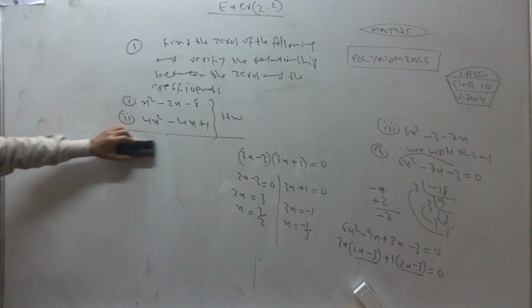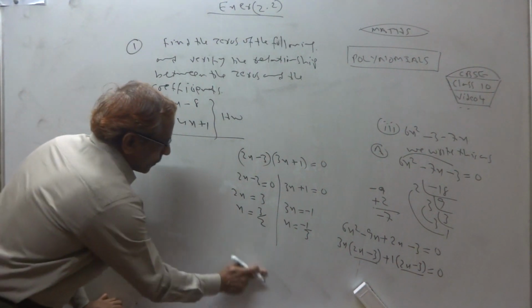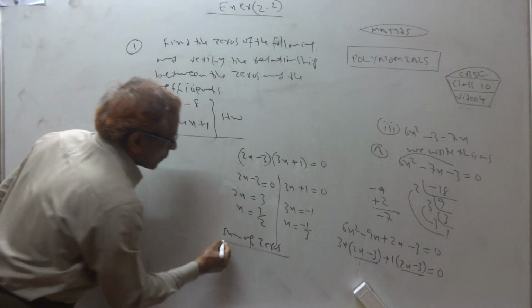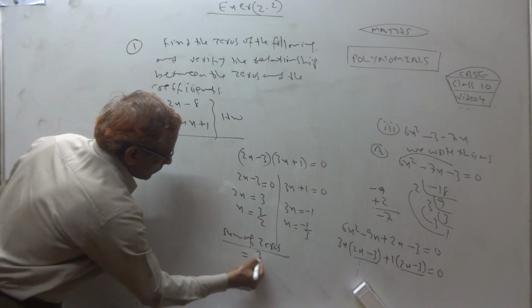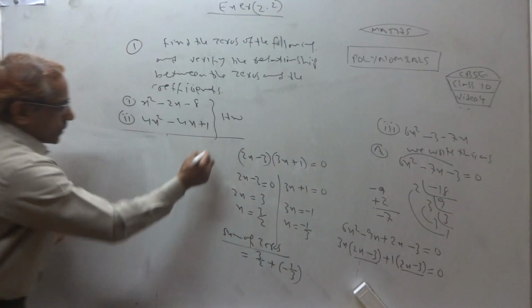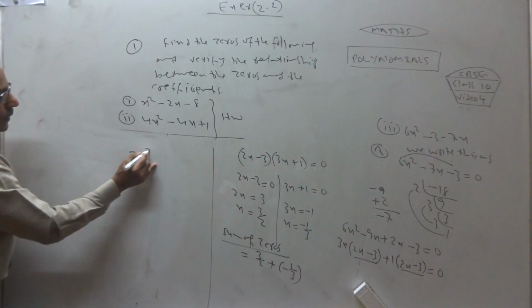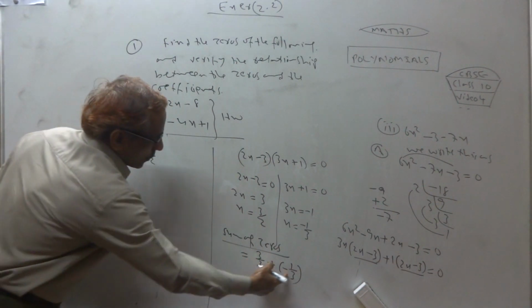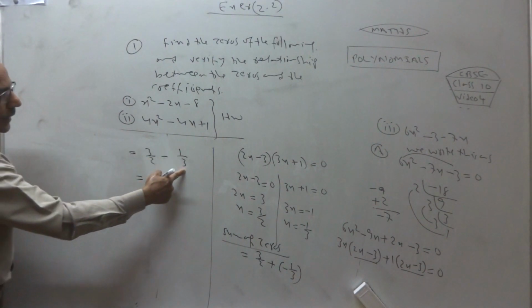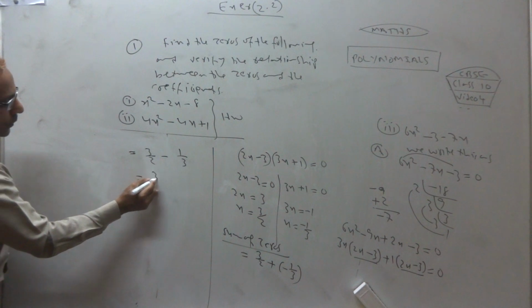Then after getting the zeros, what do we do? We find the sum of zeros. What is the sum of zeros? This plus this. Sum of zeros: 3 by 2 plus minus 1 by 3. We make the denominators equal. So what I am doing?